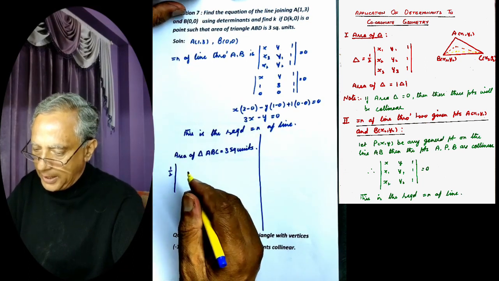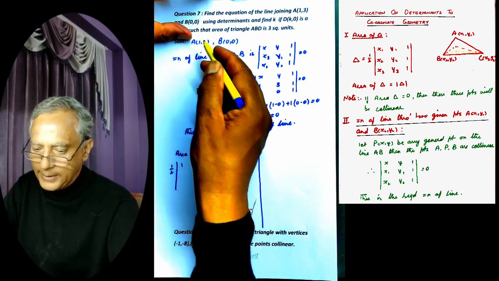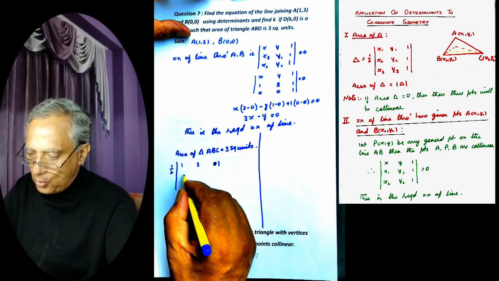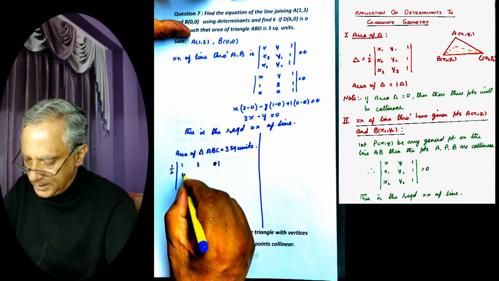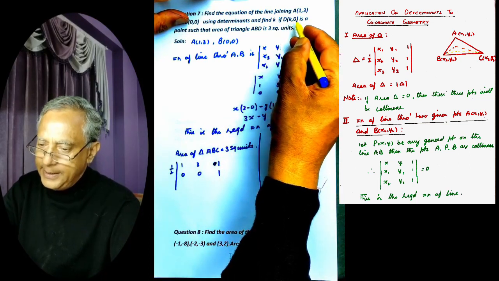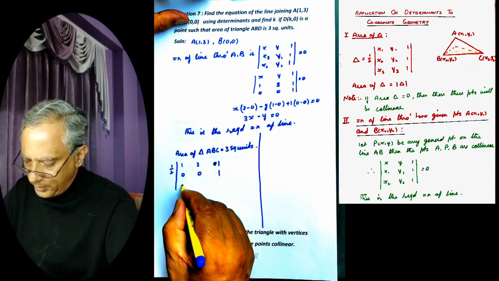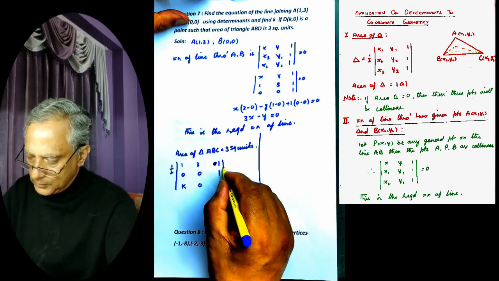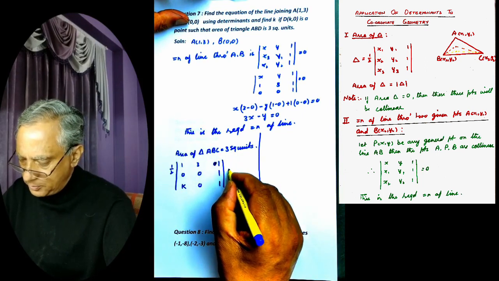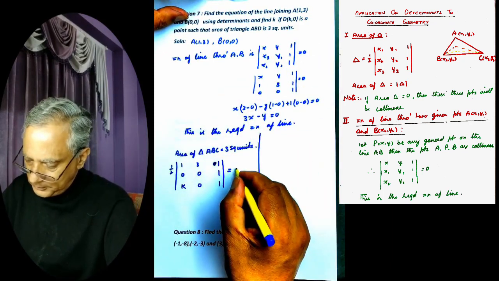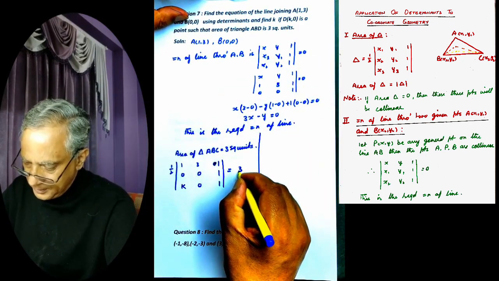You can see the side sheet. The first point is 1, 3, so we get 1, 3, 1. The second point is 0, 0, so we get 0, 0, 1. And the third point is D(k, 0), so we get k, 0, 1. So this must be equal to 3 square units.